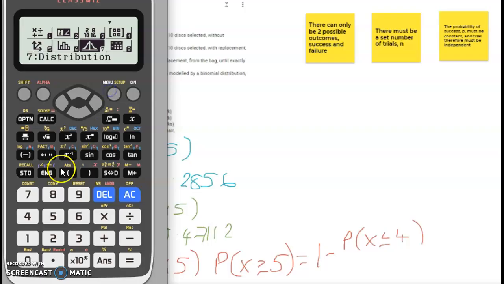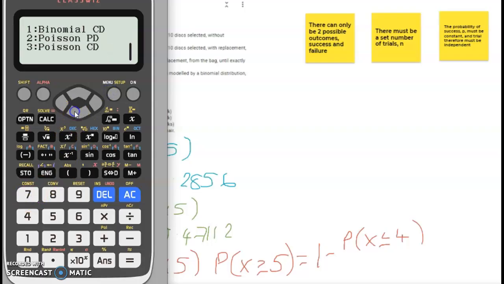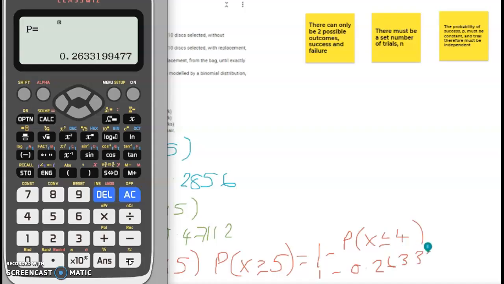So again on my calculator, I want distributions, binomial CD, number 1, where x is 4, n this time has changed to 40, and p has stayed the same. So 1 minus this probability, 0.26332, which is 0.73668.